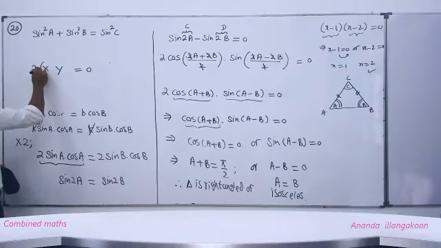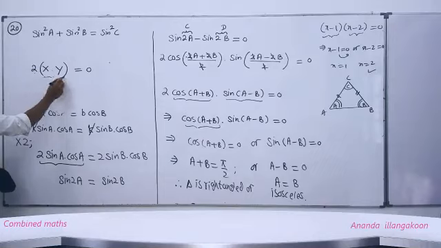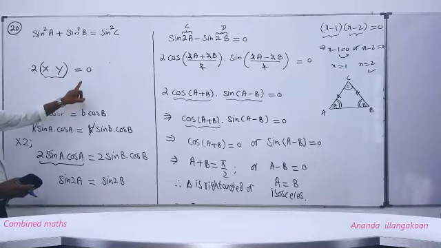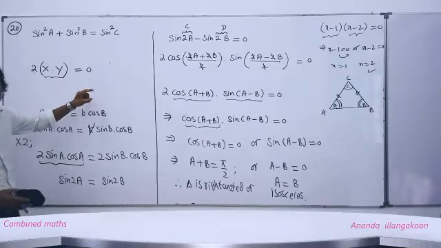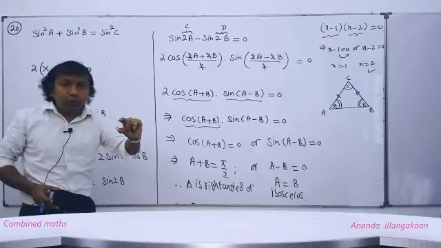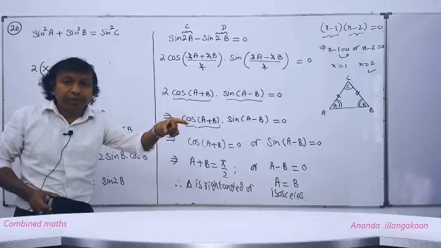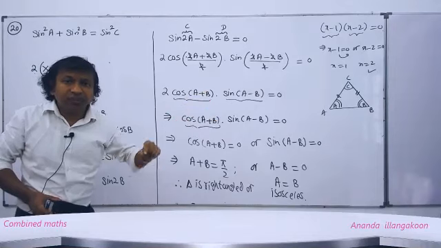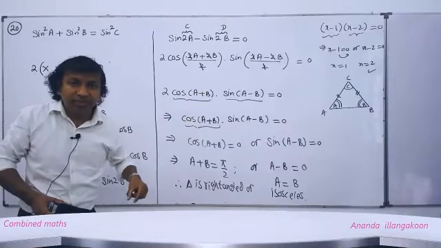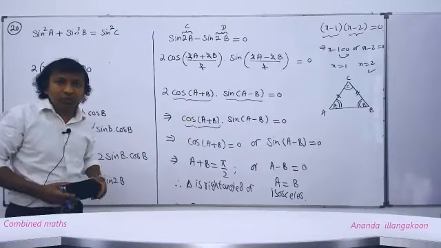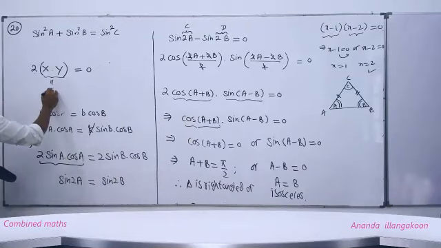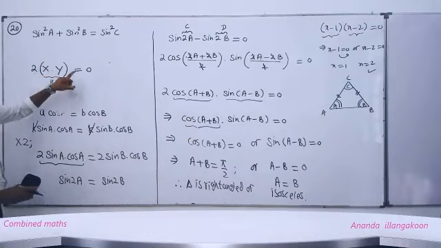This 2 is multiplied with this xy and the answer is 0. When you multiply 2 and another number and the answer is 0, that other number should be 0. Otherwise, 2 multiplied by it will not be equal to 0.